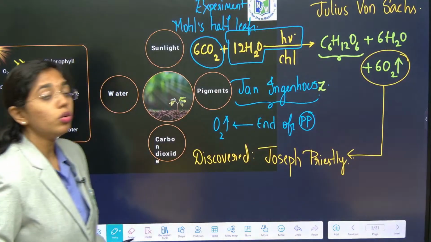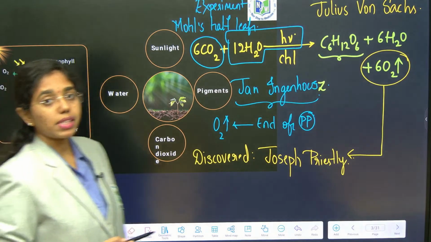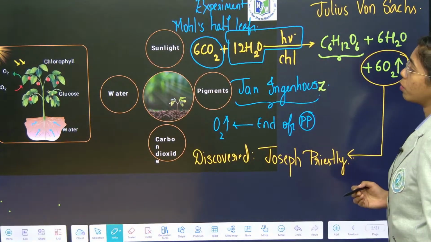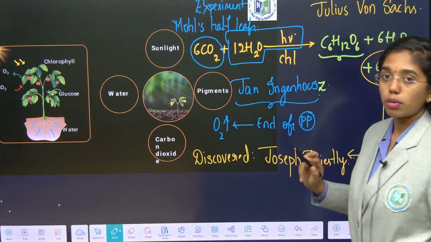And who said that oxygen is coming from water molecule but not from carbon dioxide? Till then, most of the time the scientists felt that oxygen which is formed at the end of photosynthesis is coming from carbon dioxide but not from water molecule.